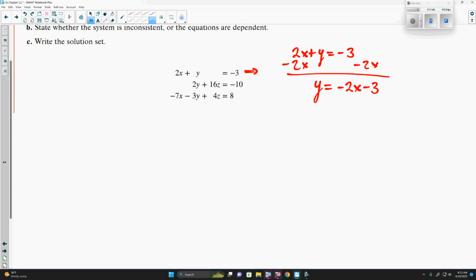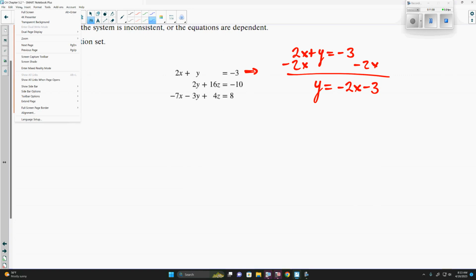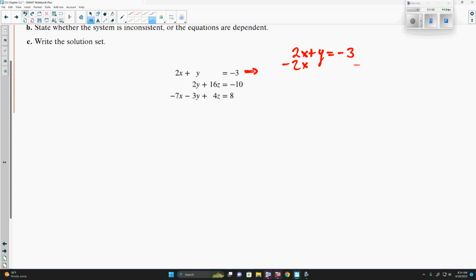Sorry, I'm going the wrong way. I don't like how this is done. I want to get it in terms of y. Well, actually, we can do that. I don't know when I did that, but okay. So we'll keep this here. I'm getting it really at this point in terms of x.